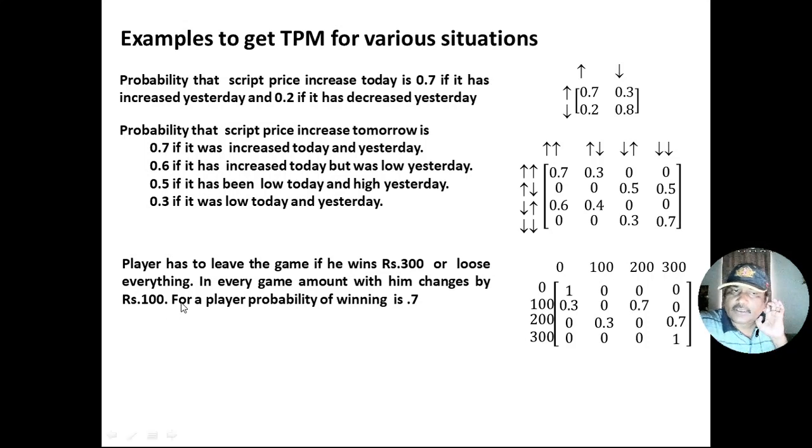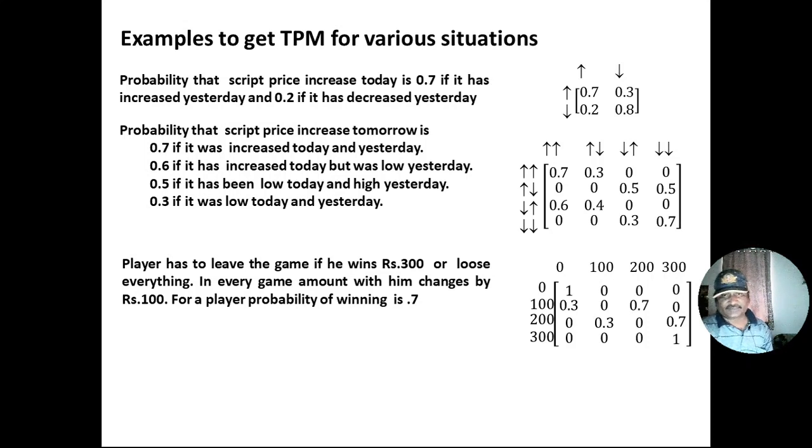So for the player, the probability of winning is 0.7. First of all, you have to decide what the states are. Okay, the states would be the player having 0 rupees, 100 rupees, 200 rupees, and 300 rupees. Here, because I have written those values, it was not much difficult for you to think of what the states will be.